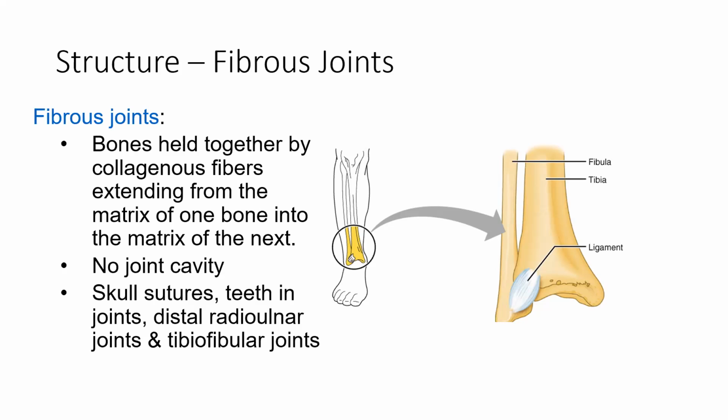The skull sutures are a fibrous joint. The teeth with the periodontal ligament is a fibrous joint. The distal radio-ulnar joint, at the end of the radius, where the radius and the ulna are held together, is a fibrous joint. The tibiofibular joint, where the tibia and the fibula are held together right here, is a fibrous joint. Fibrous connective tissue, collagen fibers holding that together.